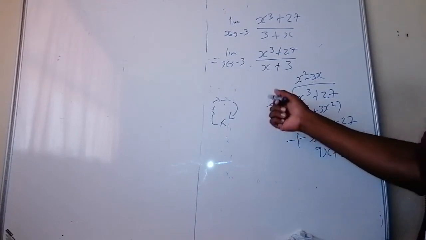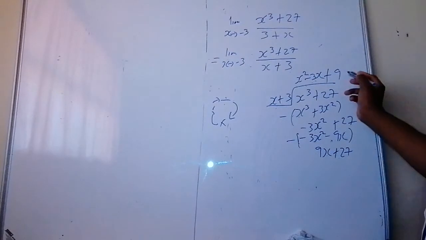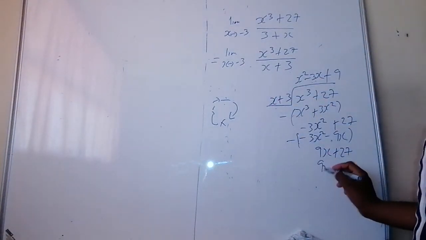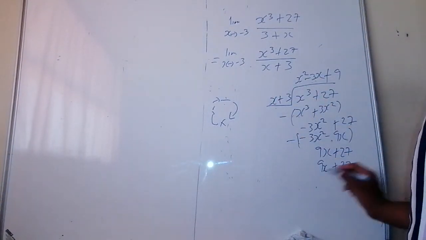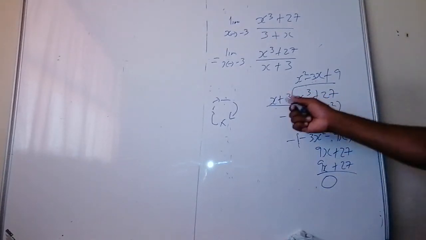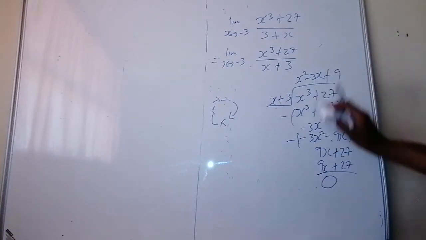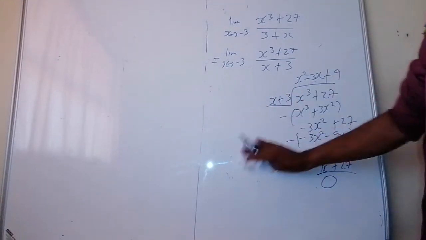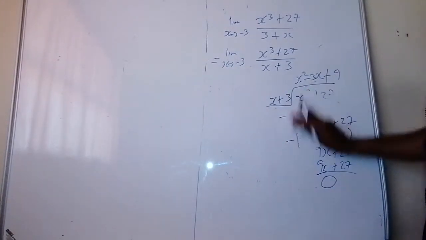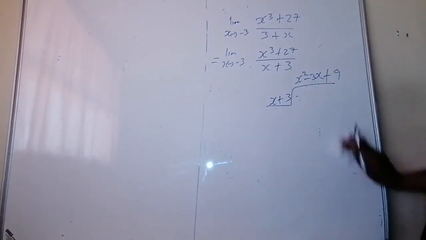So we say, how many times does x go into 9x? That's 9 times, multiplied by 9, so that's 9x plus 27. This whole thing will give us 0. So these two are our factors. Let me erase everything and write these two factors.